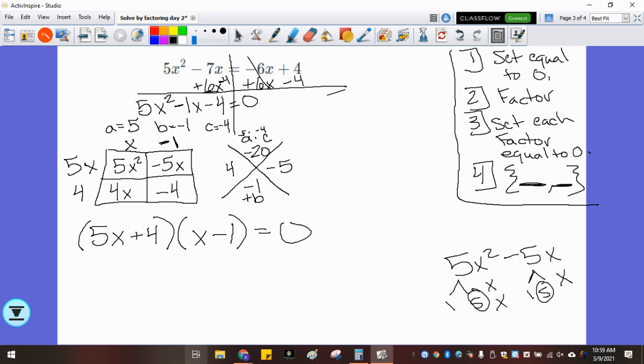So each equal to 0, and so just 2 separate equations.